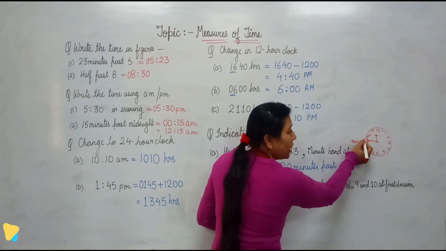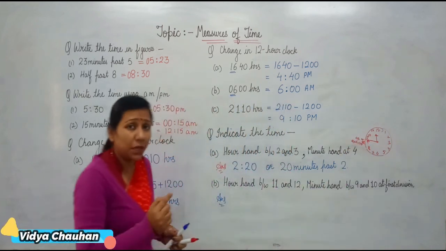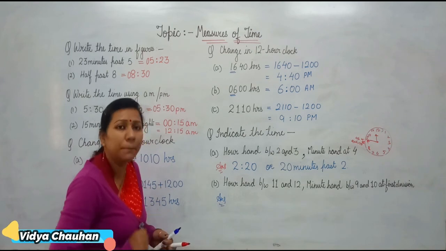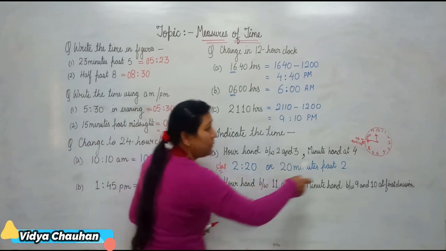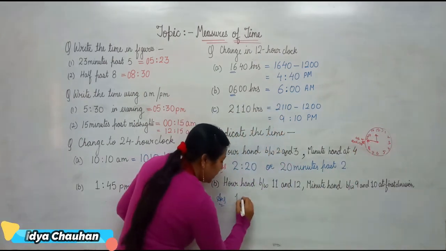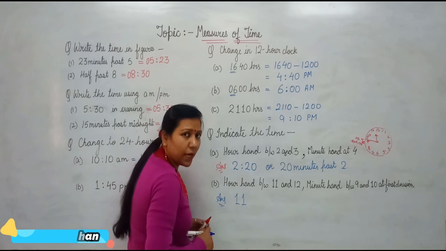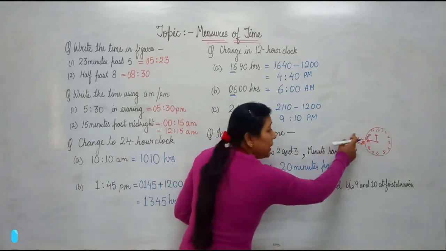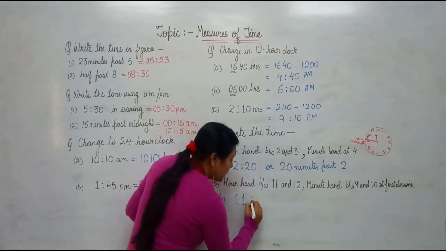Now if I talk about the next subdivision, it will become 46, because one division means 1 minute extra. So what is your time? Our hour hand is between 11 and 12, so we will count it as 11, and the minute hand is at 46.